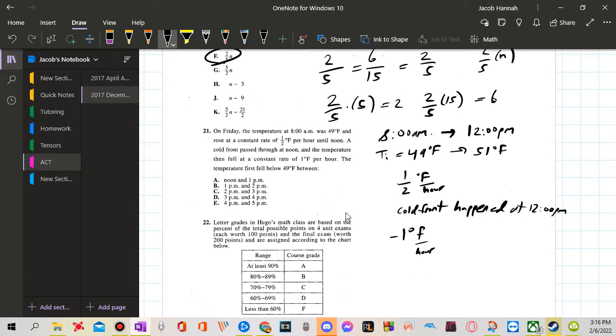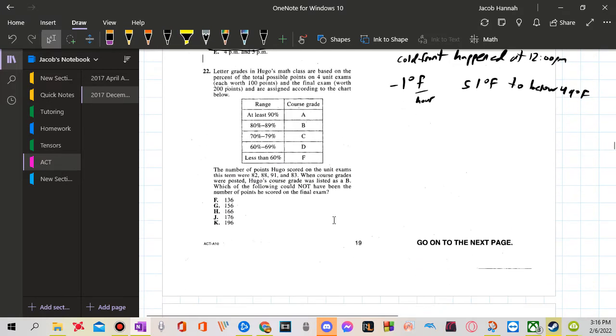So for this to go from 51 degrees Fahrenheit to below 49 degrees Fahrenheit, it would have to be at least 3 hours, or greater than 3 hours. So that's 3 hours plus 12 p.m., right around 3 p.m. it started to go down. So 3 p.m. to 4 p.m. is when it started to go below 49 degrees Fahrenheit. So this is the answer.